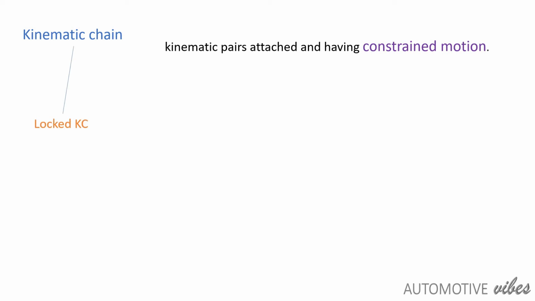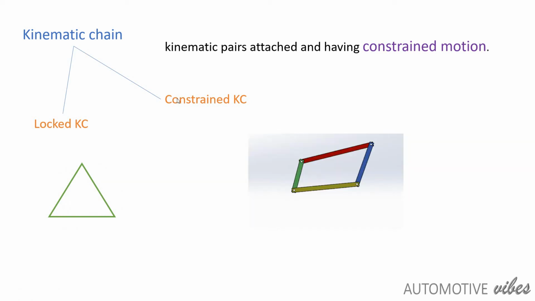Now we have several types. First one is the locked one, and second one is the constrained kinematic chain. Locked in the sense, irrespective of the input provided in a chain, the overall motion or overall output will be the same. If I provide input in one of the links or the other or the third one, the output will be the same. Whereas if we come to constrained motion, we can obtain different kinds of mechanisms.